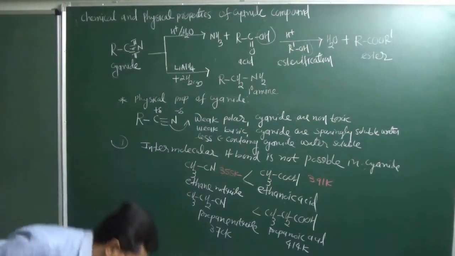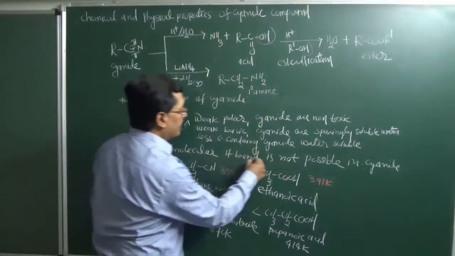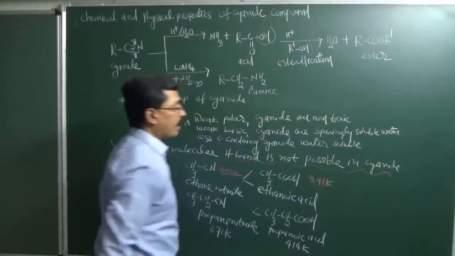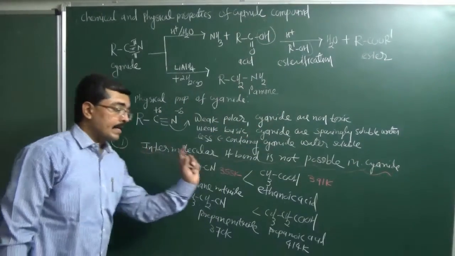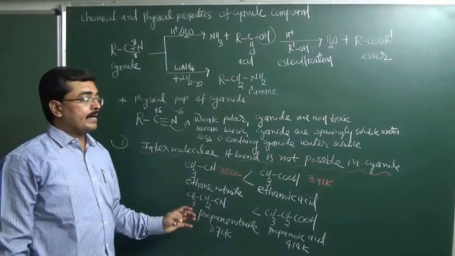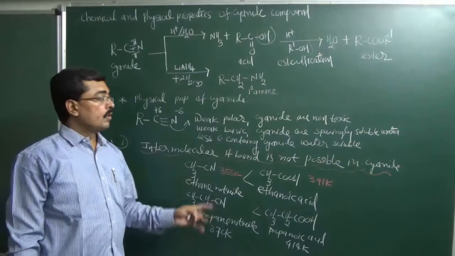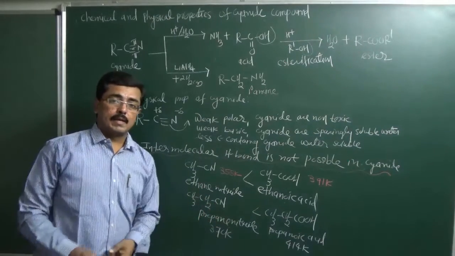In cyanide compounds, intermolecular hydrogen bonding is not possible, which is possible in carboxylic acids. So the boiling point of cyanide is always lower as compared to the corresponding carboxylic acid.